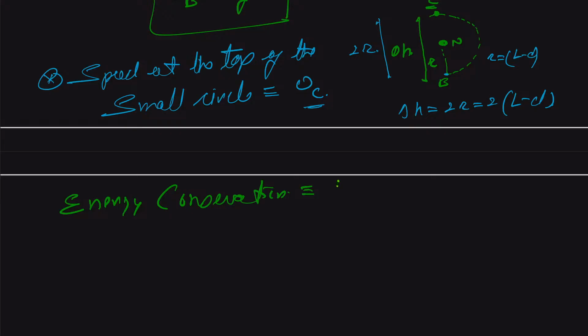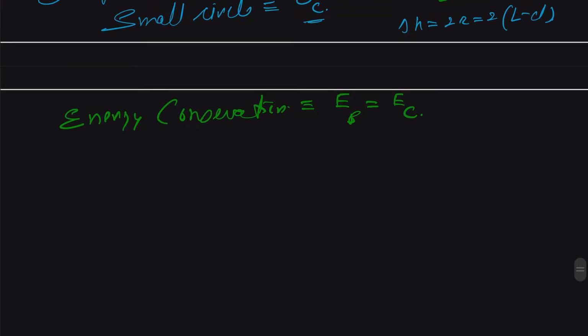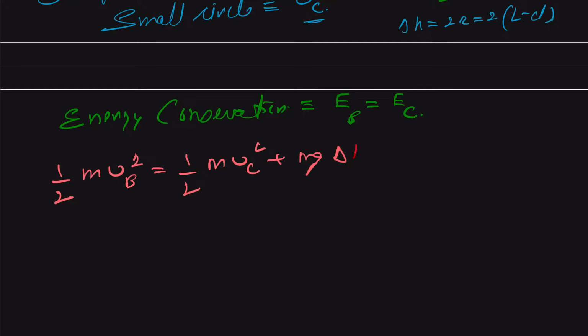Energy conservation means energy at B should be equal to energy at C, and energy at B is purely kinetic energy, that is half m Vb square, and energy at C will be partially kinetic and partially m g delta h, that is potential energy.